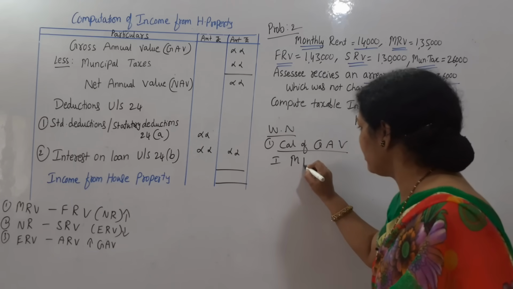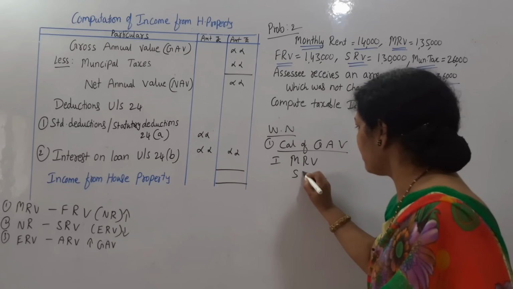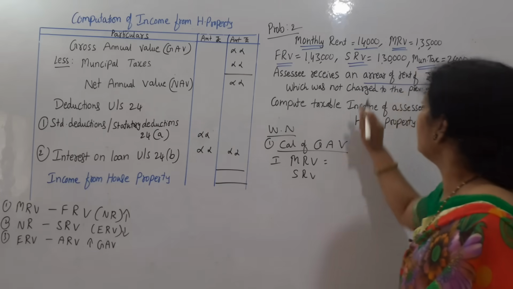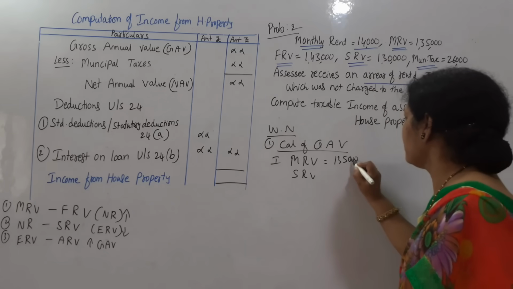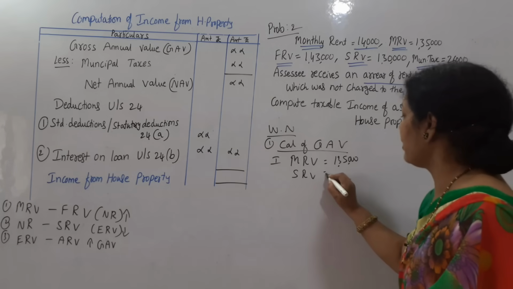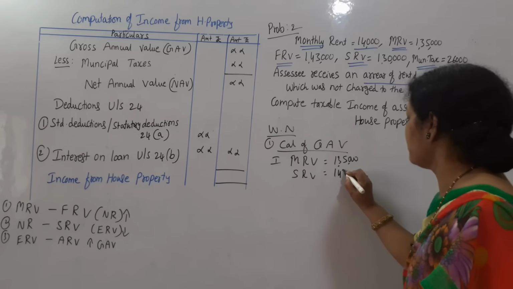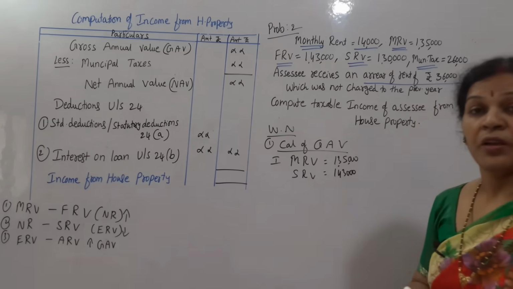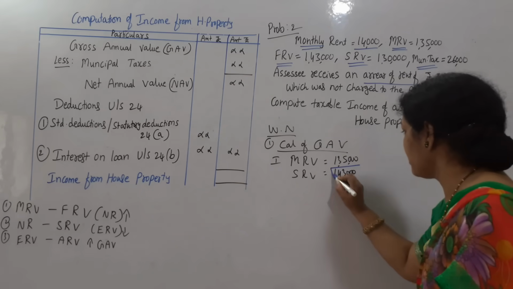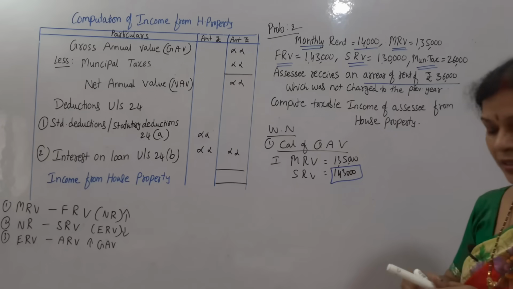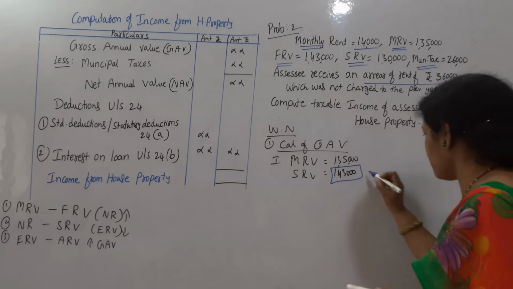MRV is 1,35,000. Fair rental value is 1,43,000. Whichever is high is this one, that is notional rent.